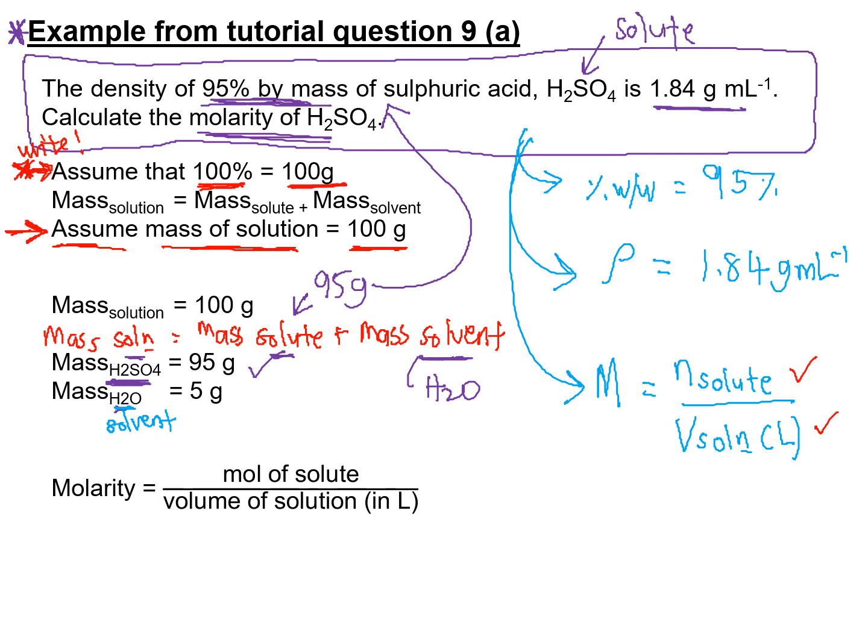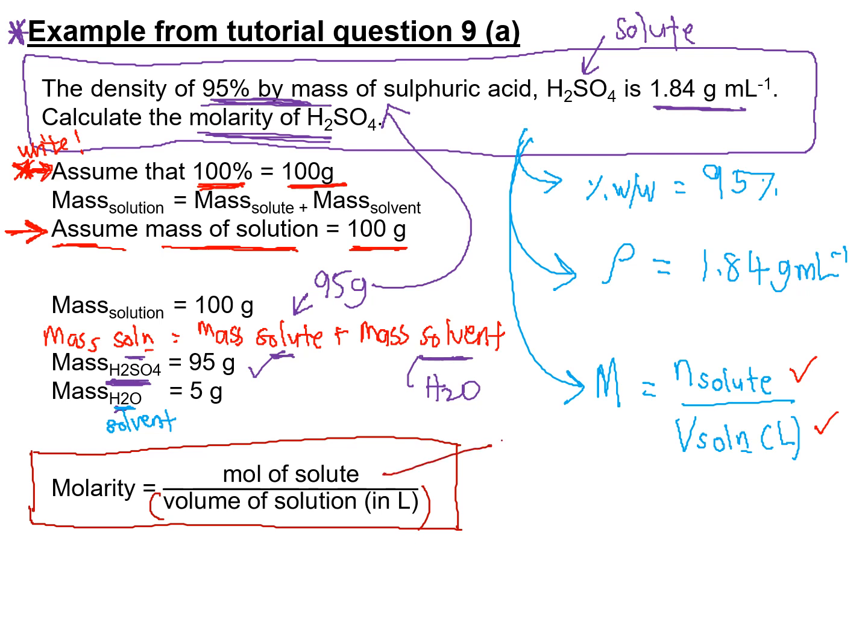Okay. And then, ingat balik, formula molarity ialah mole of solute bagikan dengan volume of solution in liter. Okay, untuk cari number of mole of solute, you boleh guna equation number of mole is equals to mass of solute bagikan dengan molar mass of solute. Siapakah solute kita di sini?